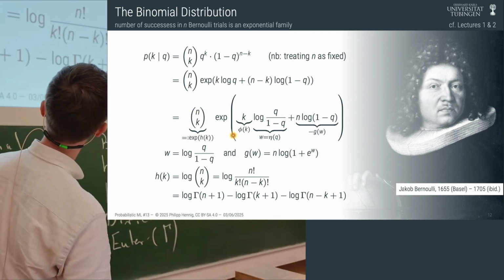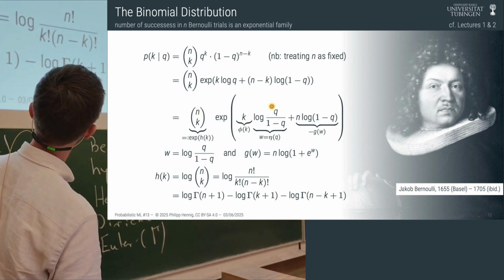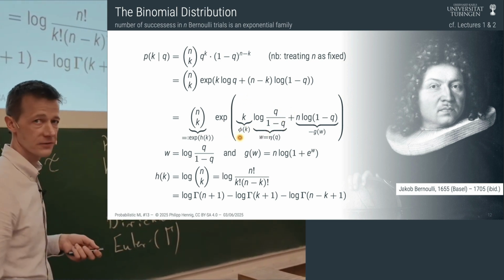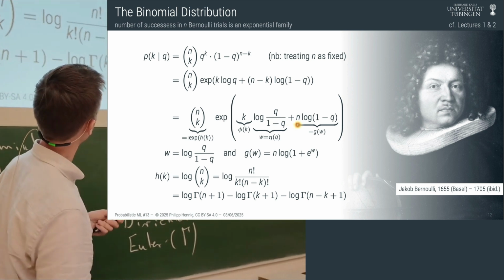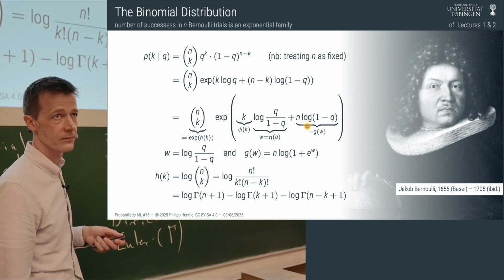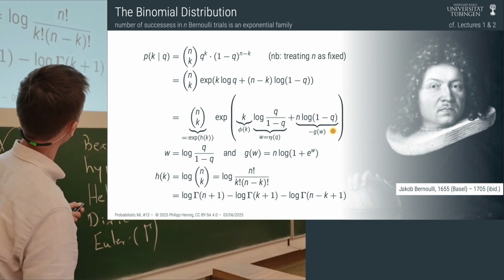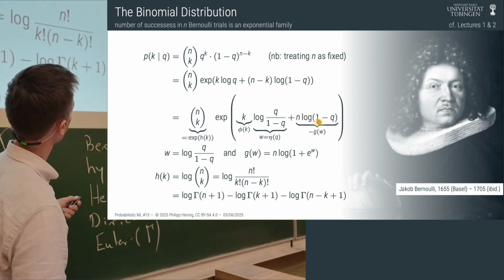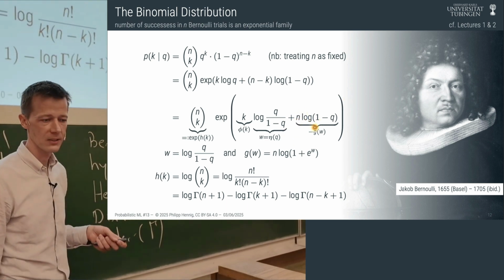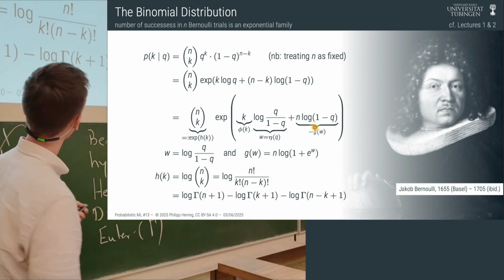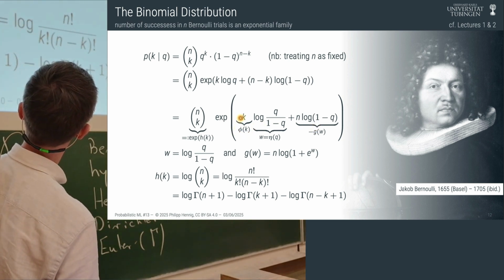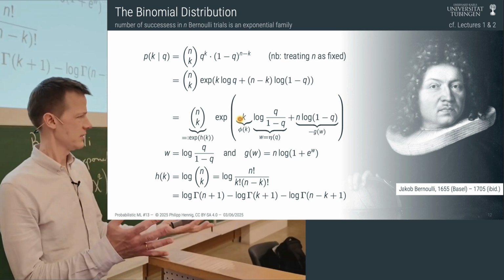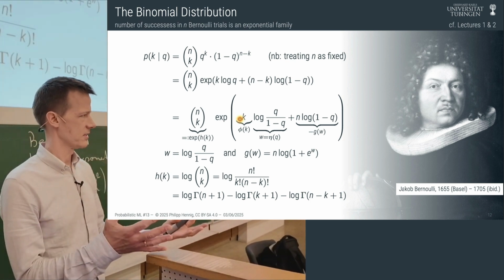Then, inside of the exponential, there is a term that mixes parameters with a function of the random variable, and one term that only depends on the parameters. So this term is our log normalization constant. So minus n log 1 minus q is the log normalization constant, the log partition function. And here we see that k is actually the sufficient statistics. So in this case, the sufficient statistics are just the number of successes.